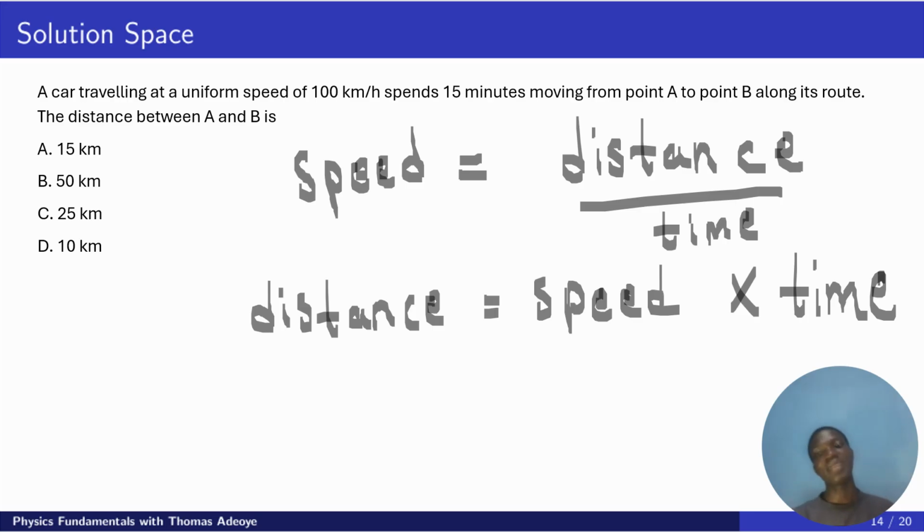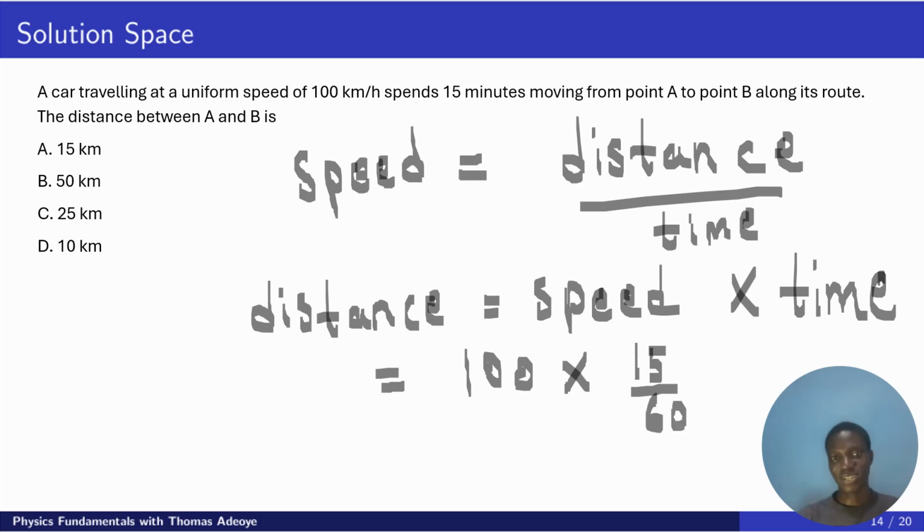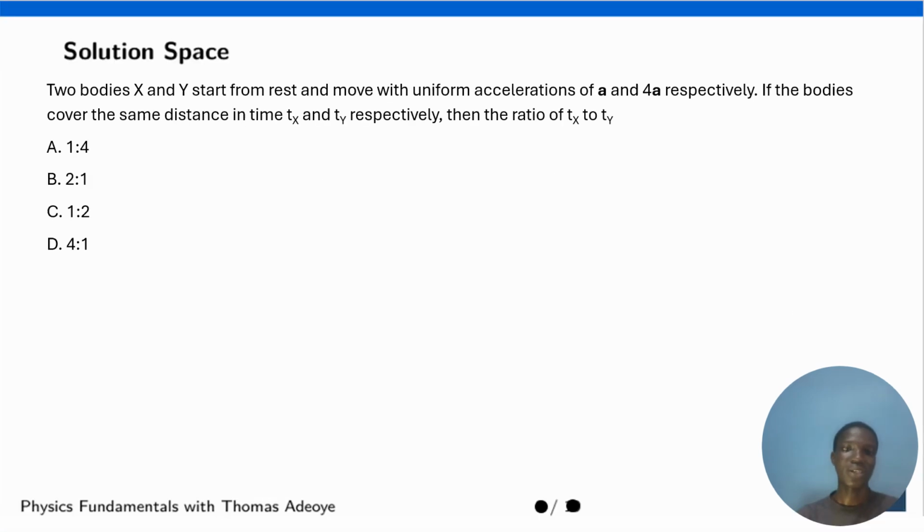Since 60 minutes make 1 hour, you divide this by 60, and that will give you the time in hours. So the distance is 100 multiplied by 15 over 60. If you do the needful, this should give you 1 over 4 of 100, that should be 25. So the answer should be 25 kilometers, and that's option C.